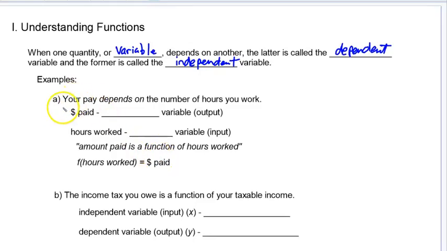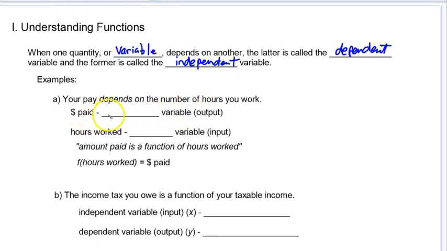So let's take just some simple examples. You're working a job, and your pay on that job depends on the number of hours that you work. All right, so to know how much you're going to get paid, you need to have a number of hours that have been worked.